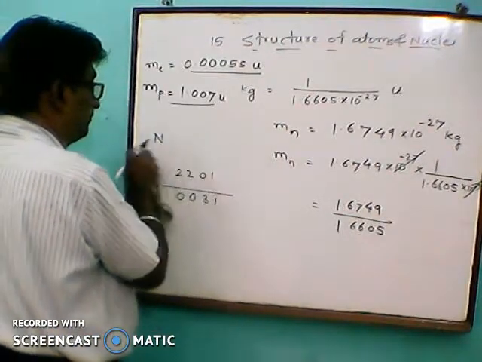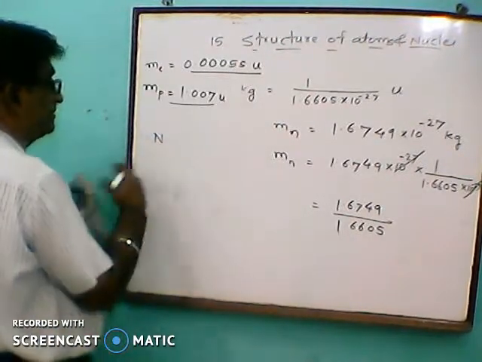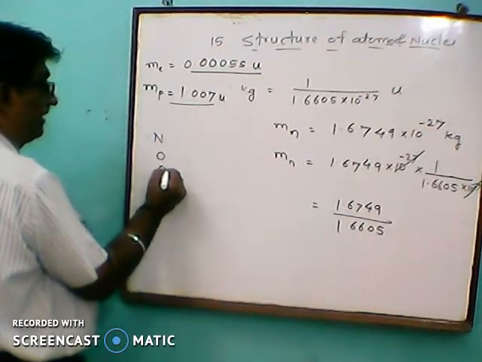Using logarithm, the numerator has characteristic 0 and the denominator has characteristic 0.